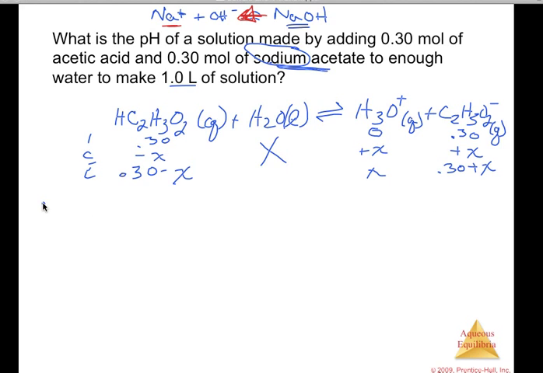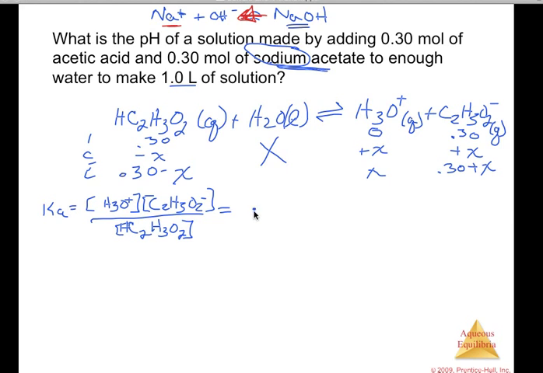The Ka, if we look at the expression, is the hydronium times the acetate ion's concentration over the concentration of the acetic acid. And if we look up the value from literature, we will find it is 1.8 times 10 to the negative 5th. Because that Ka is small, we can assume that this 0.3 minus X goes to 0.30.